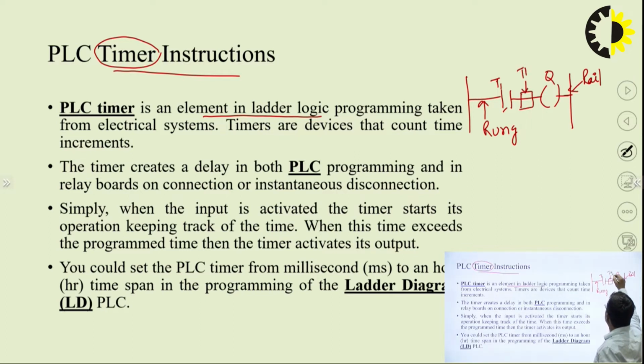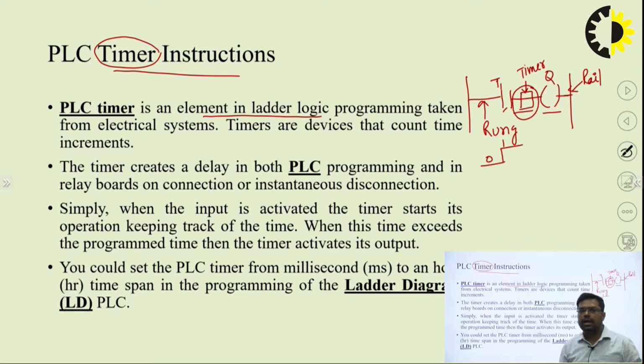Just as we switch on, the state will be changed from 0 to 1. Let's suppose initially they are in 0 state, then we change the state to 1. The timer will operate, and whatever delay we feed to this timer, accordingly the output will be performed.